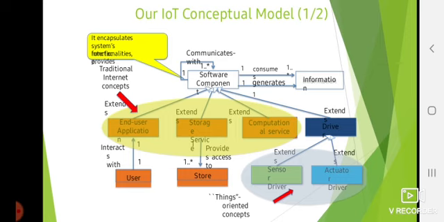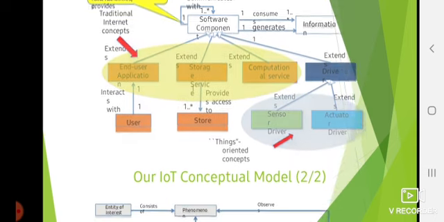The end user application extends the software component, and the storage device also extends the component. The computational services and drivers also extend the software component. It consumes or generates information. It encapsulates system functionalities and provides the traditional internet's concept, that is extends. This is the first IoT conceptual model.